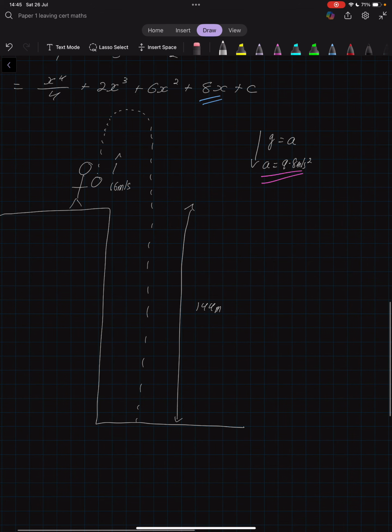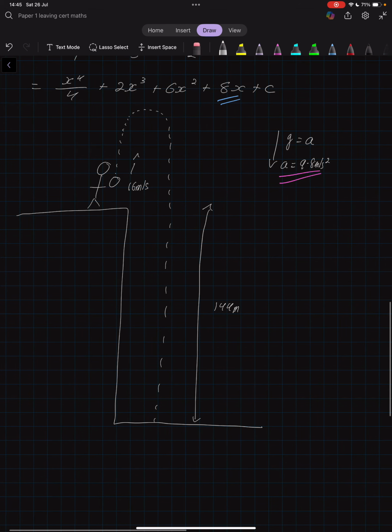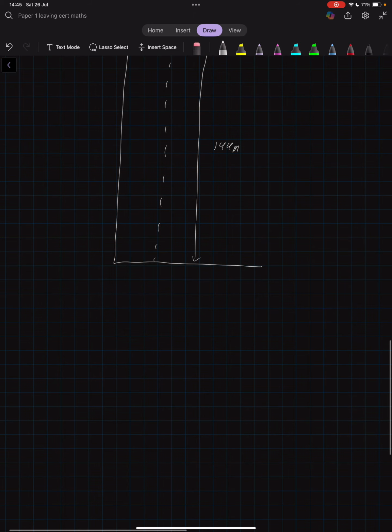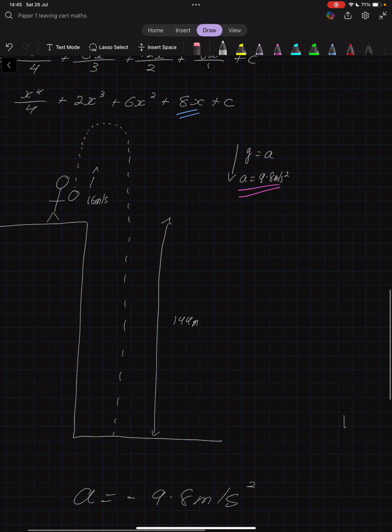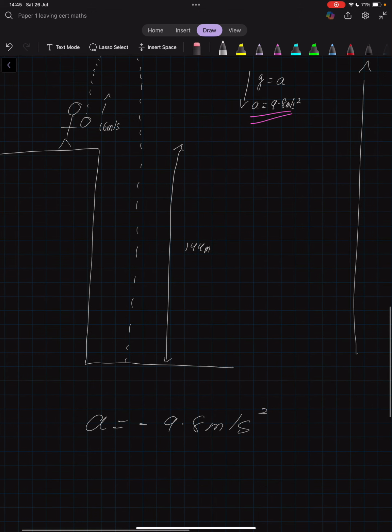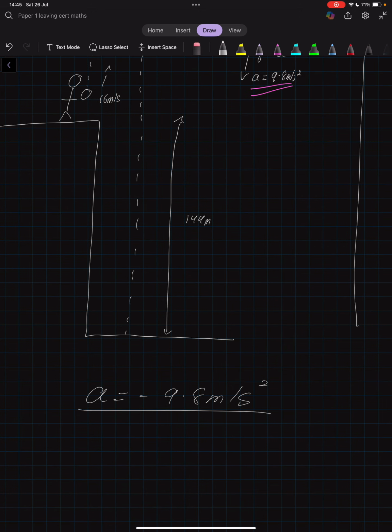So it says, explain why the acceleration a is equal to minus 9.8 meters per second squared. The reason it's minus 9.8 is because gravity is going down. If we take this direction as being positive, so everything going up is positive, everything going down is negative. Gravity is going down, and therefore it's negative.